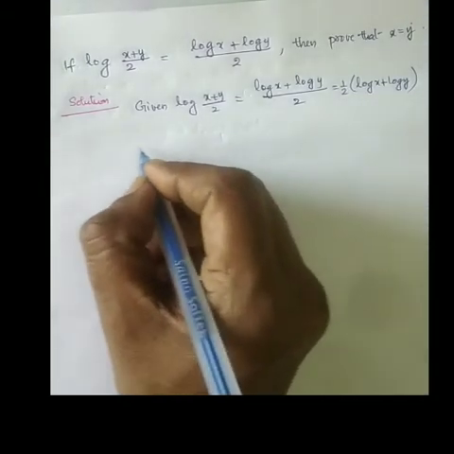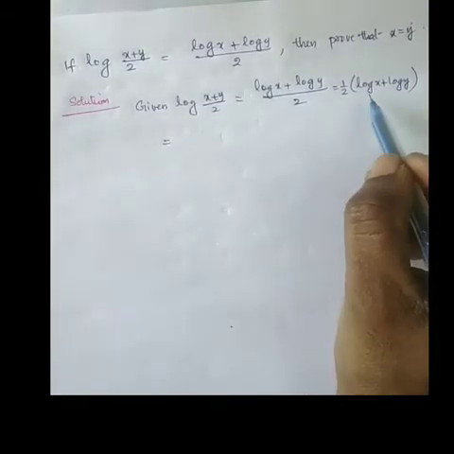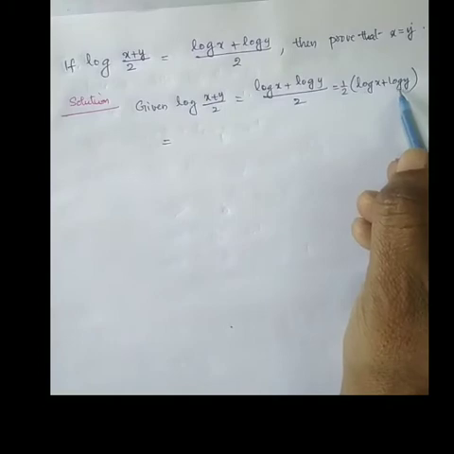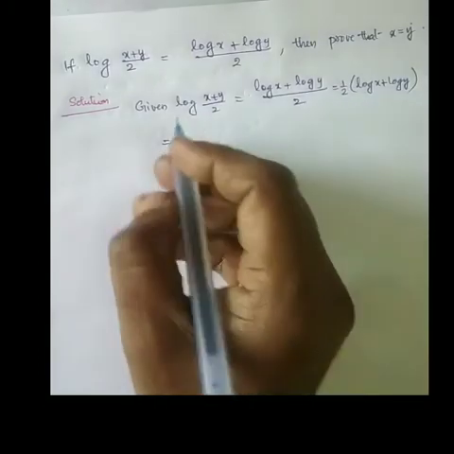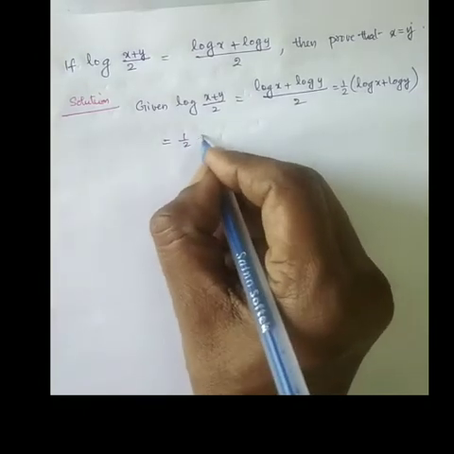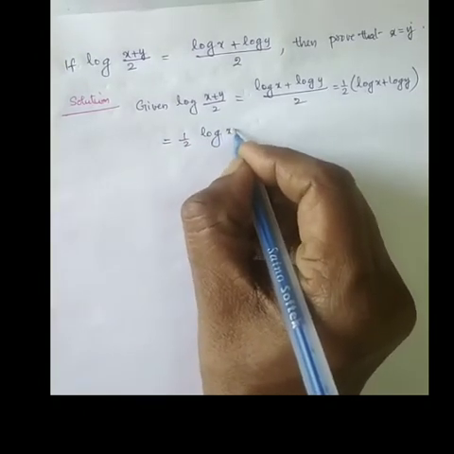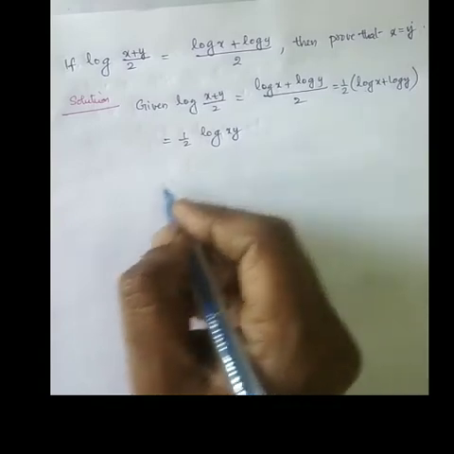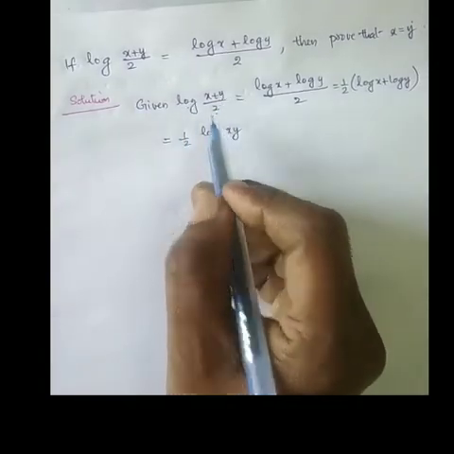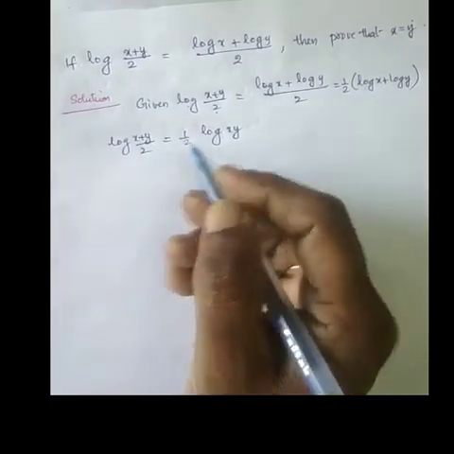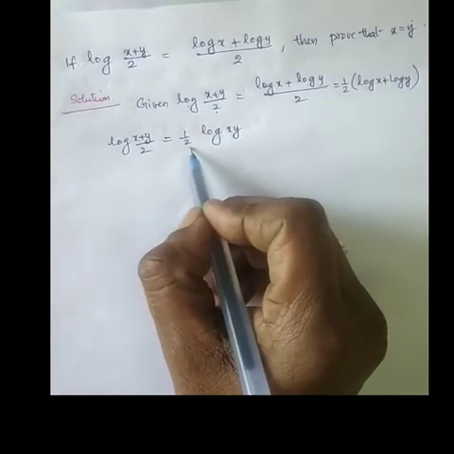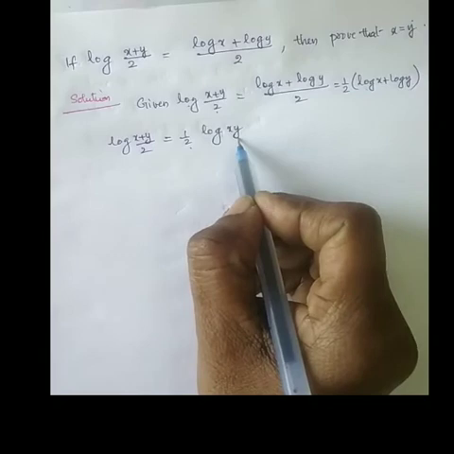Or this is equal to log x plus log y. Log x plus log y is log xy. So 1 by 2 into log xy. That is, log of (x plus y) by 2 is equal to 1 by 2 into log xy.